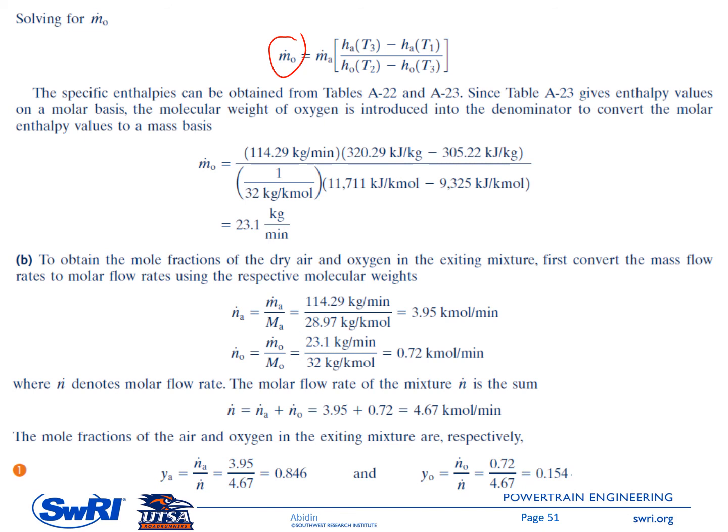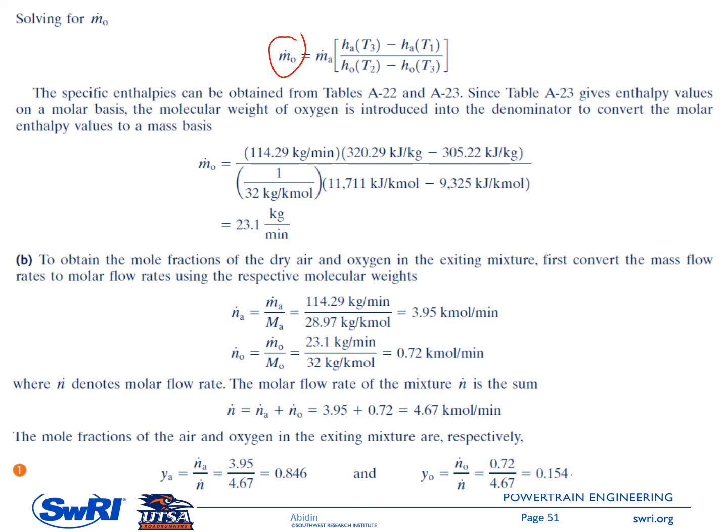The specific enthalpy can be obtained from table A22 and A23. So A22 for air and A23 for oxygen. Okay, but keep in mind table A23 gives enthalpy value on molar basis. So here the molecular weight of oxygen is introduced in the denominator to convert the molar value to mass basis.